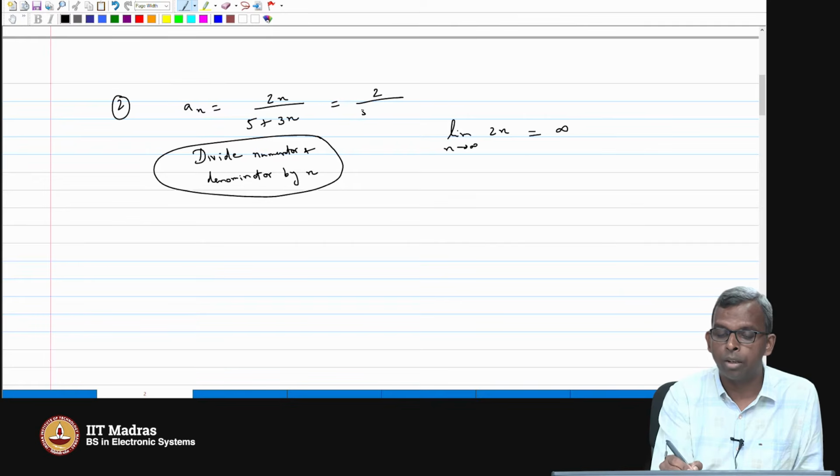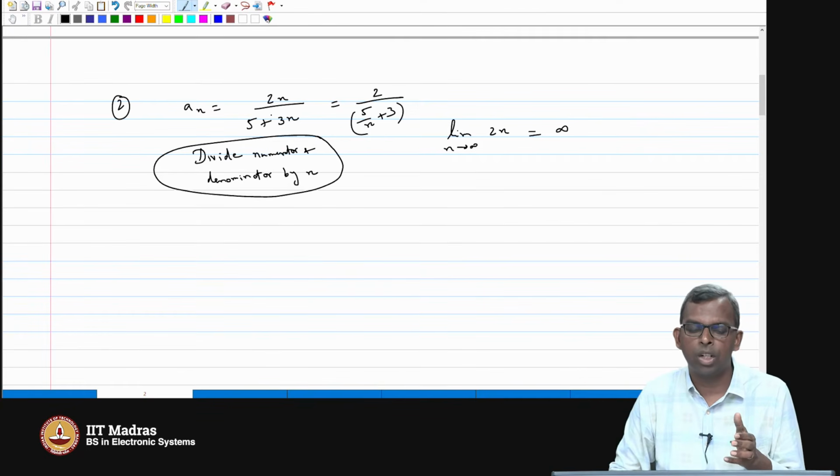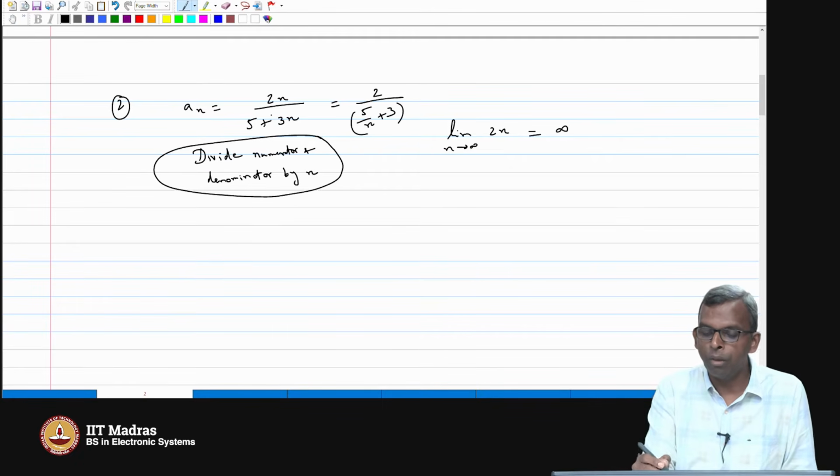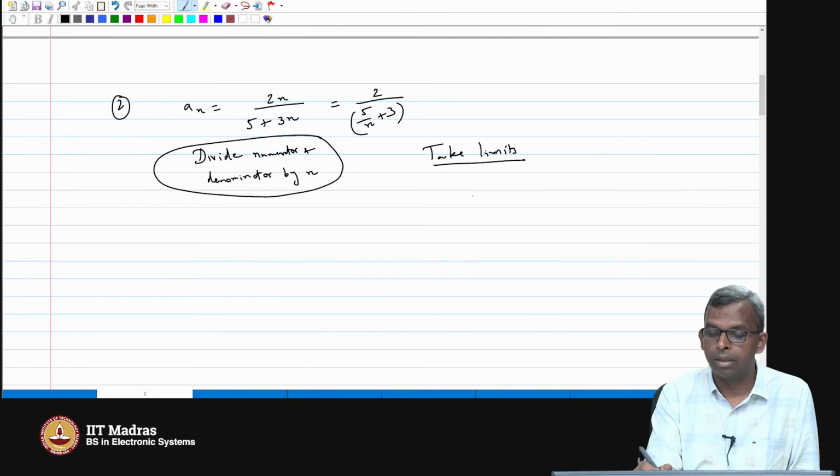So you get 2 by 5 by n plus 3. So both of these expressions are exactly the same. They're not different at all. But look at what has happened dramatically. If I now take limits, I will see that limit as n tending to infinity of a n is, I know my limit can distribute, right?